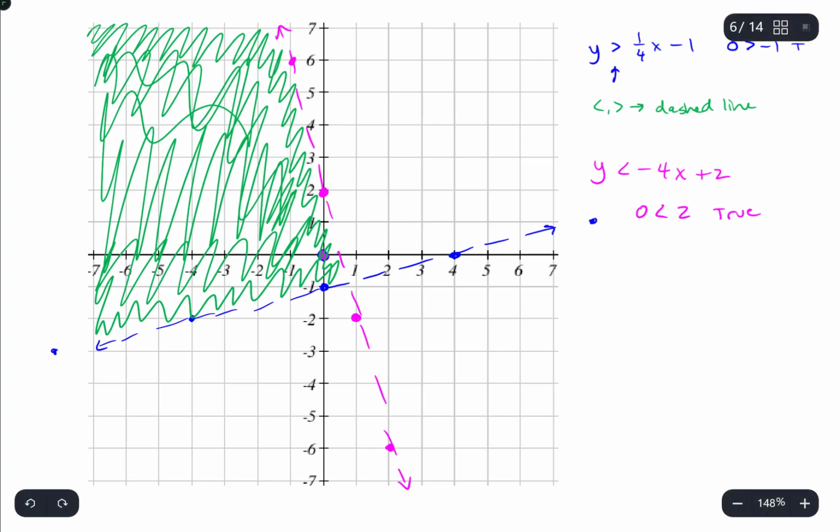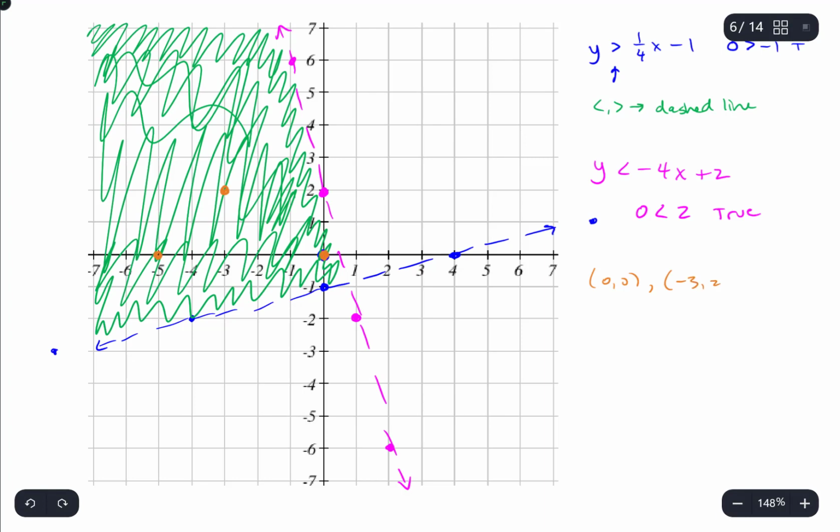Sometimes questions will ask you to name a few points that exist in the solution region, just so you know specifically which region it is. You can pick any points if that's asked. Just pick a couple of points that are easily verifiably on one side of the line or the other. Like 0, 0 is clearly in that solution region.